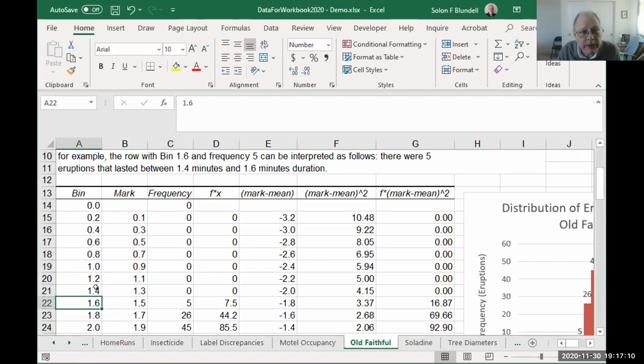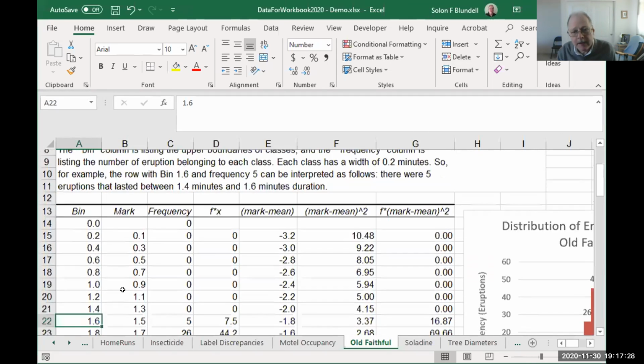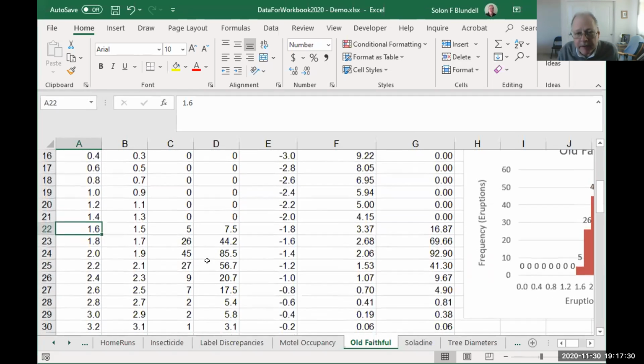So we do not know exactly how long any of those eruptions lasted. It's just there were 5 of them in that class. The 1.6 minutes is the upper boundary of the class. Okay. And so we have all this data. There were 26 eruptions that lasted between 1.6 and 1.8 minutes and so forth.